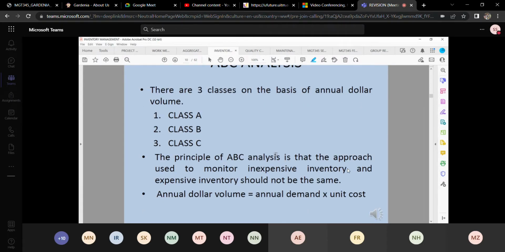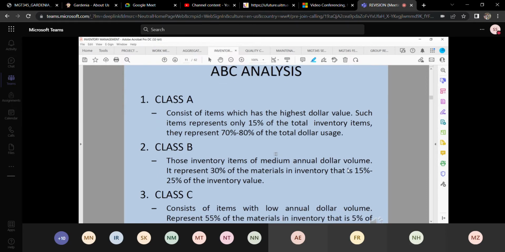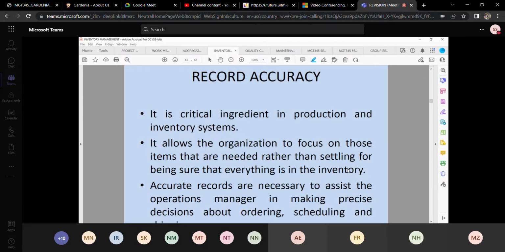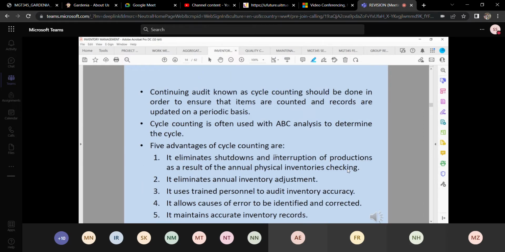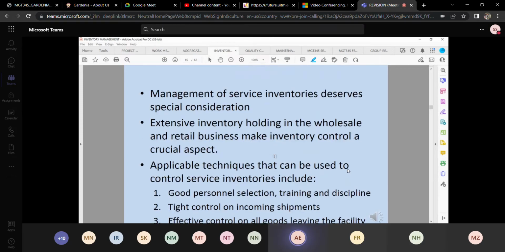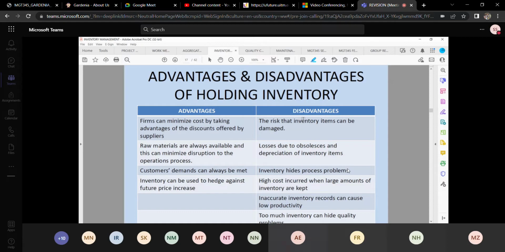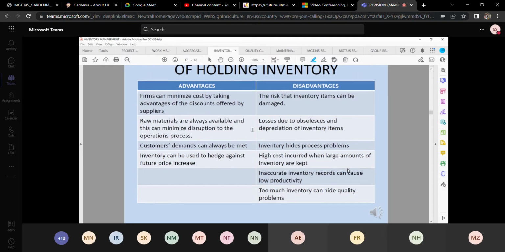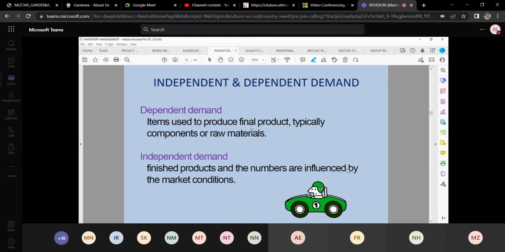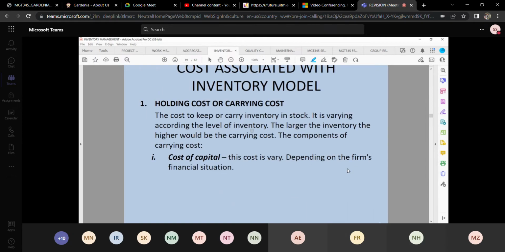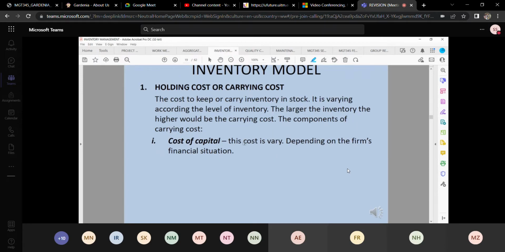Okay, the ABC analysis, the record accuracy, cycle counting, control of service inventories, okay, advantages and disadvantages of holding the inventory, dependent demand model, okay, cost associated with the inventory model.